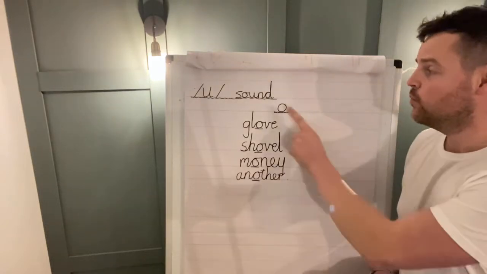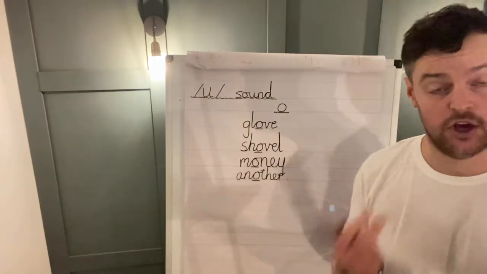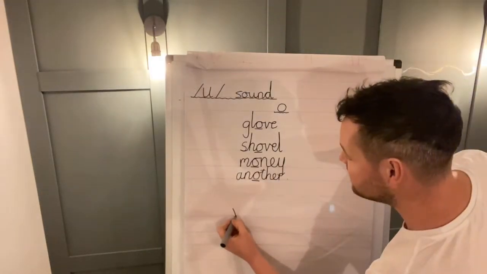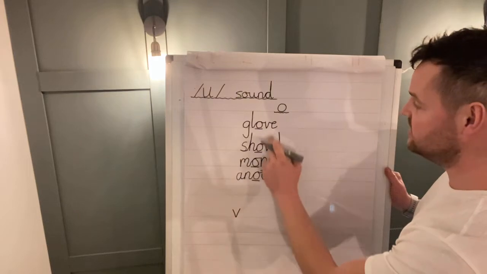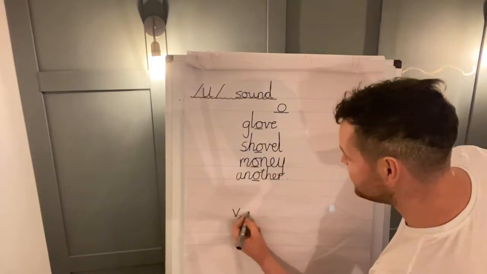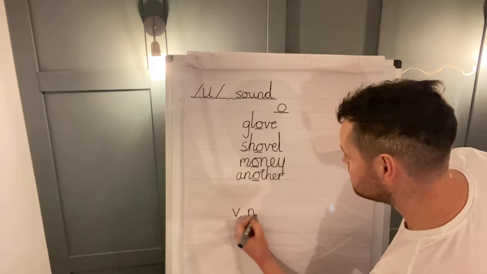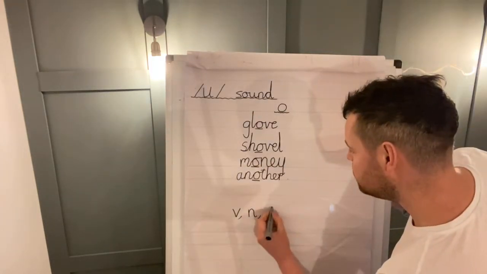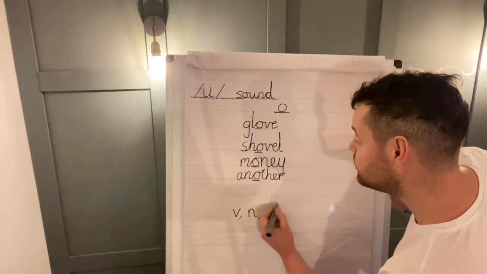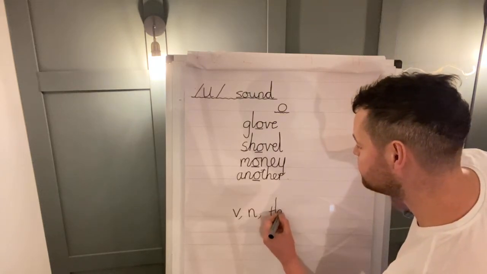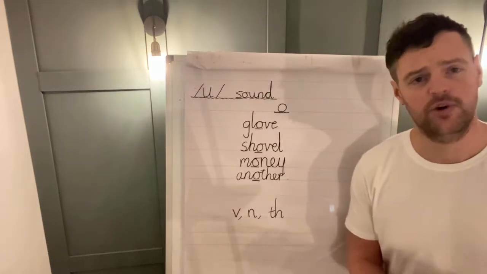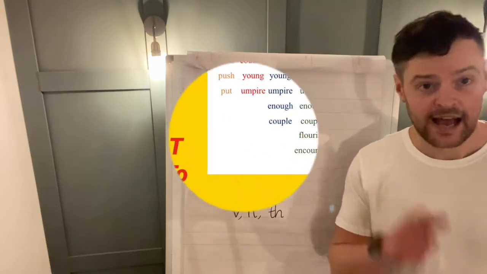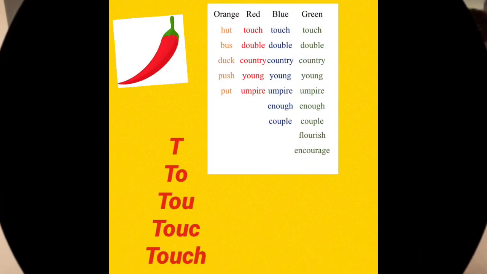Now quite often when the O makes the sound, the O comes before either a V, as in these two cases, an N, as in money, or the O comes before TH. I wonder if you could think of any other words that come in this category, or this category. I'm sure you can, but we'll come to that in a minute.